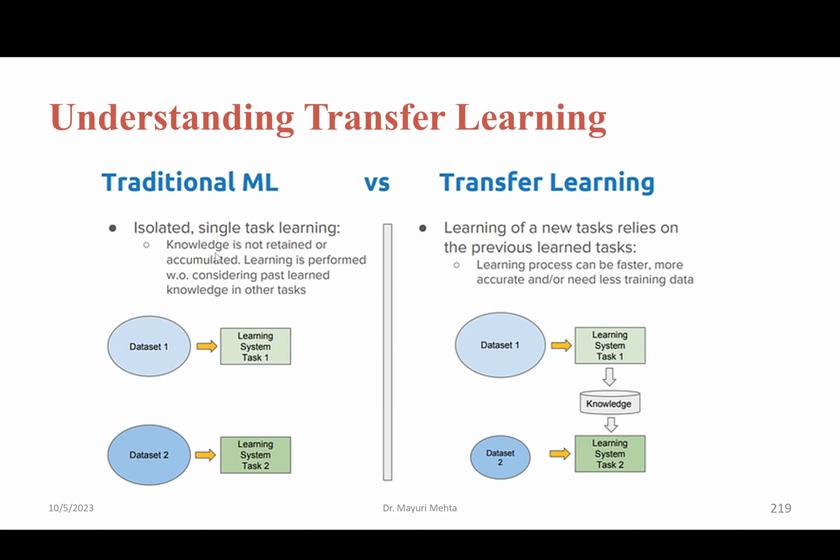Transfer learning is mostly used in computer vision and natural language processing tasks. Please understand this. I'll also show you which models have been designed for natural language processing and which pre-trained models are available for computer vision. So which are the application areas? Computer vision and natural language processing. Computer vision includes object detection and object classification, where we use transfer learning.